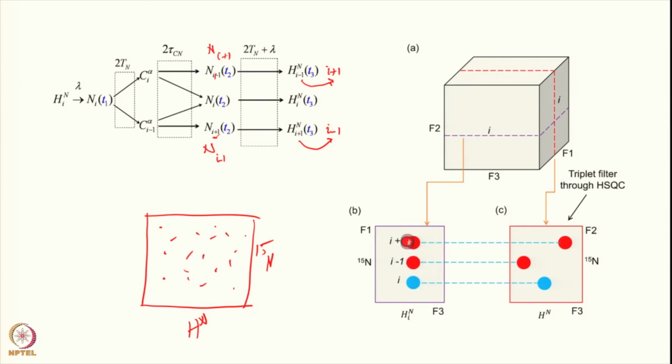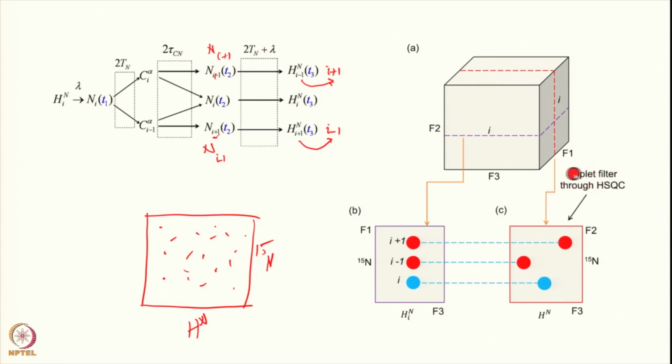So they have opposite signs, and that also shows up here. Another important feature is that this sign pattern depends upon the sequence in the triplet. Is there a glycine in the triplet sequence or not?